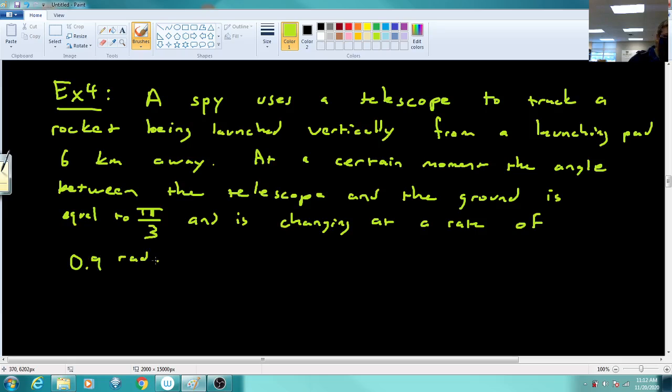So we'll say rad per minute. I want to say, what is the rocket's velocity at that moment?